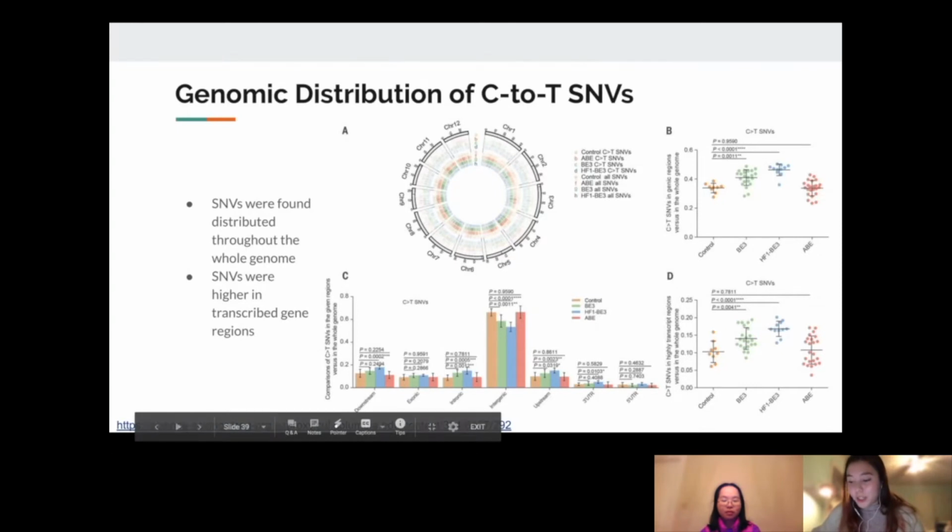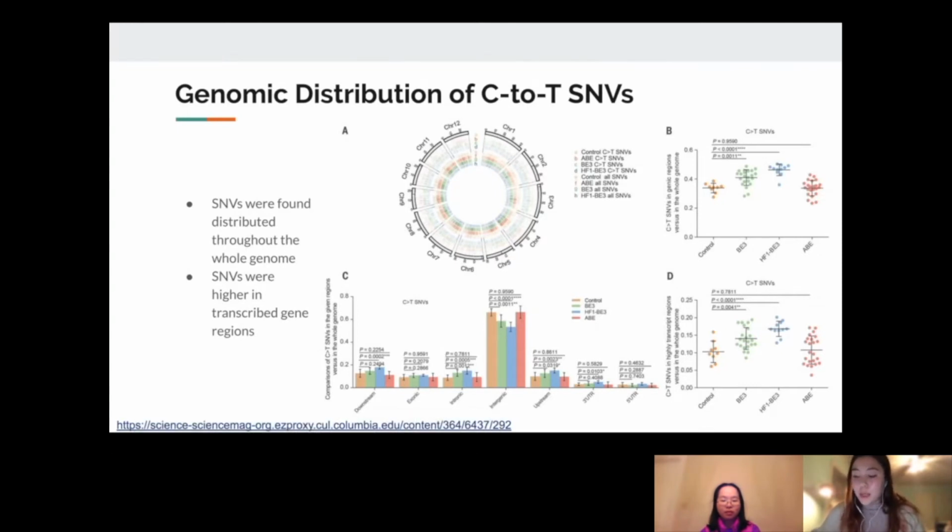From these charts, we can determine that BE3 and high fidelity BE3, which are both cytosine base editors, induce genome-wide mutations in rice. However, the ABE base editors do not induce mutations in the DNA of rice, as far as we can tell, or at as high of a level.